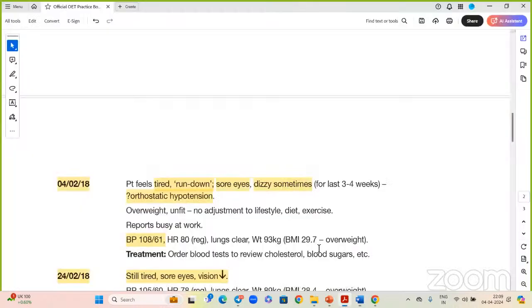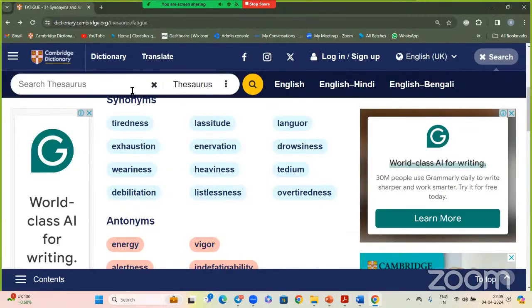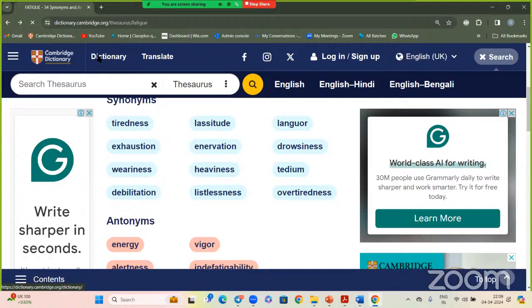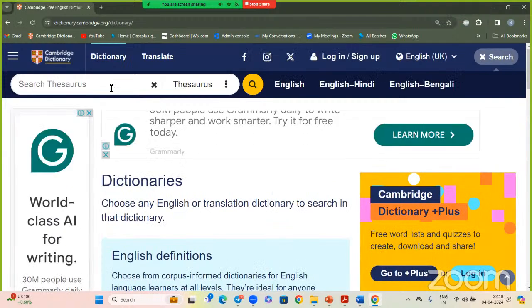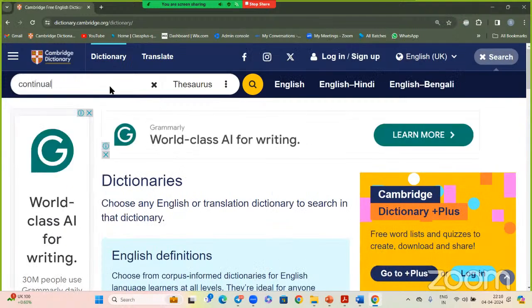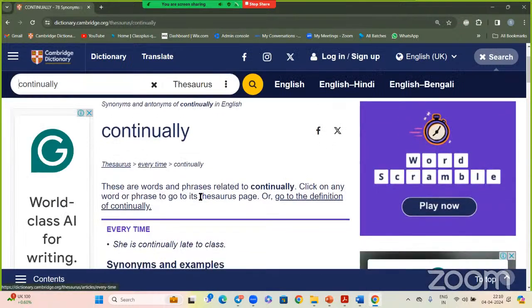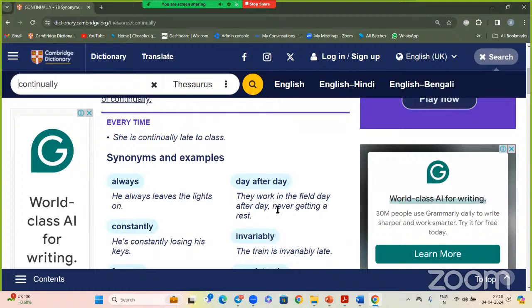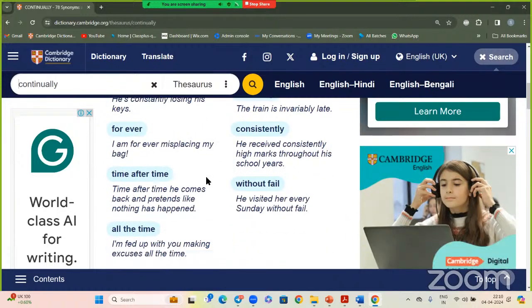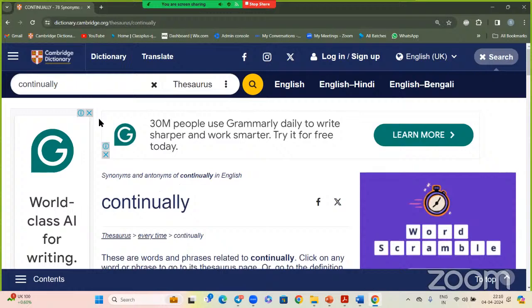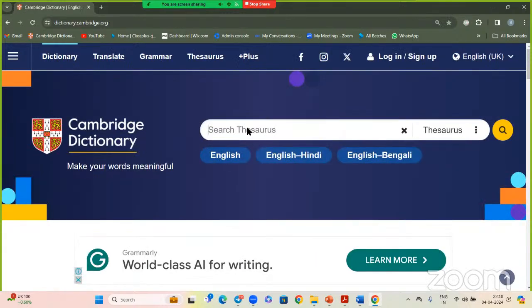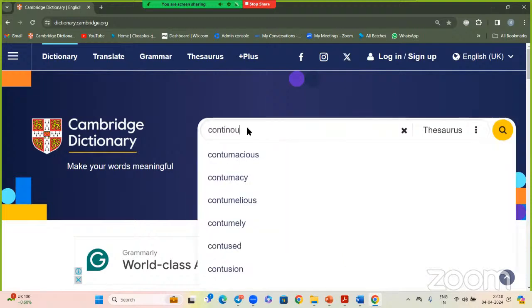Continually, you should know the meaning of the word continually. Continually means what? Continuously means non-stop.